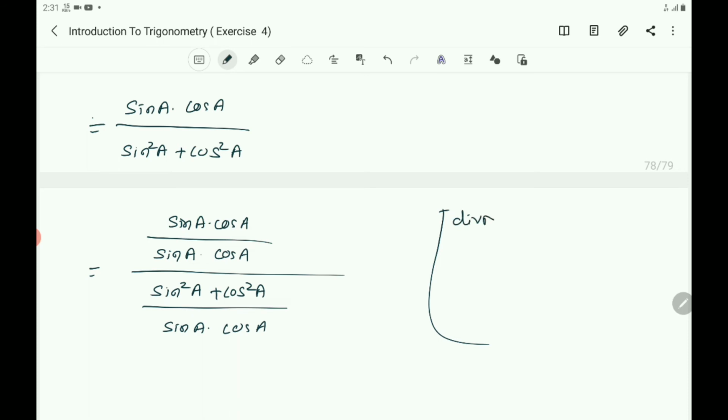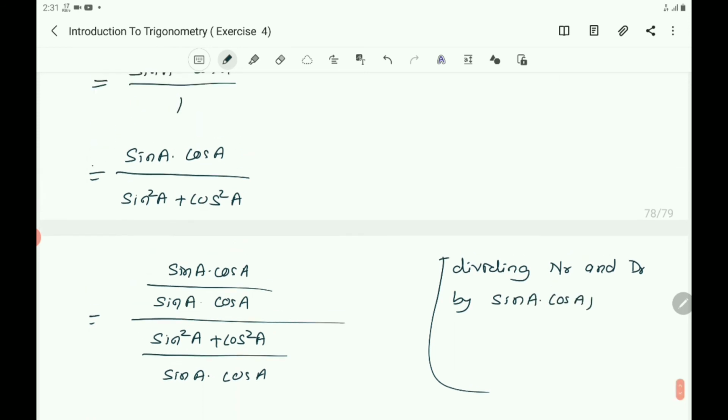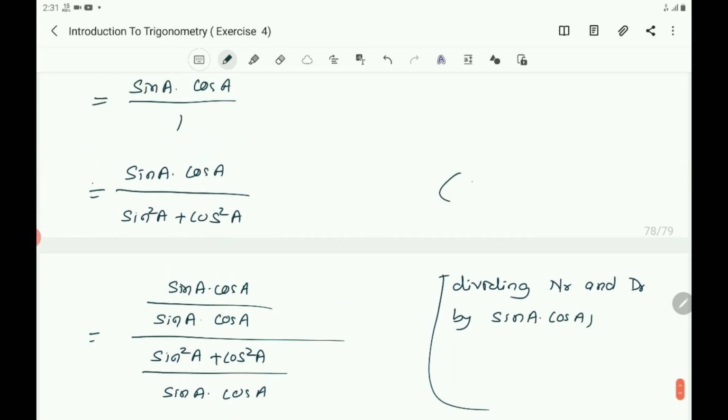Dividing numerator and denominator by sin A cos A. And also here you write 1 equals, what you have taken, sin square A plus cos square A from the previous step.